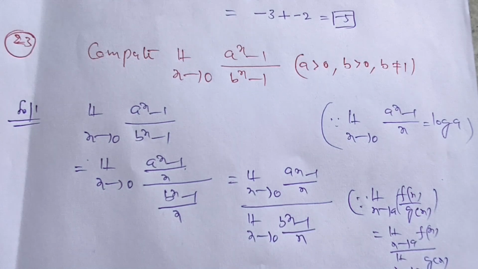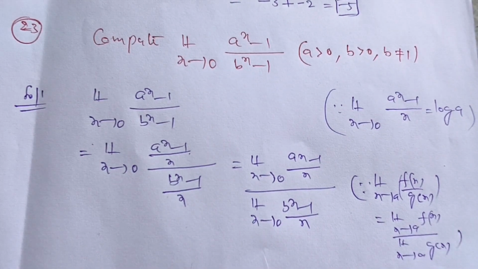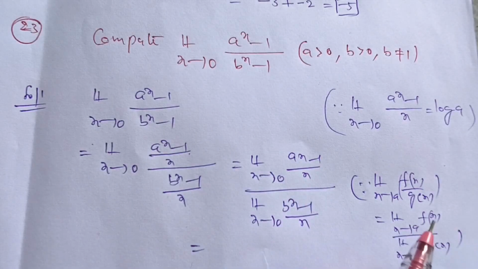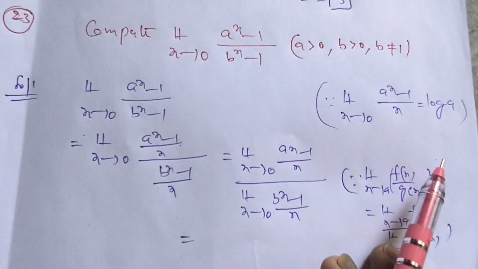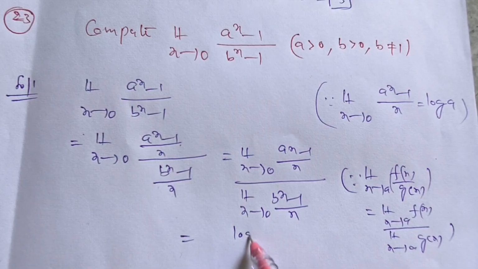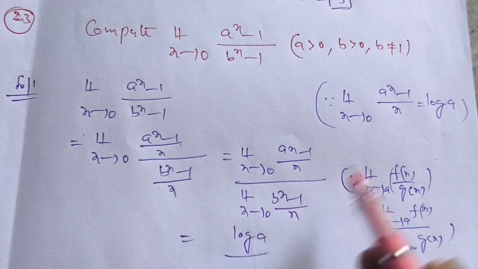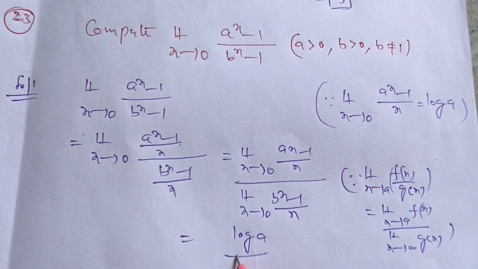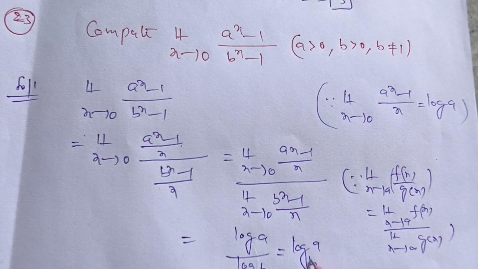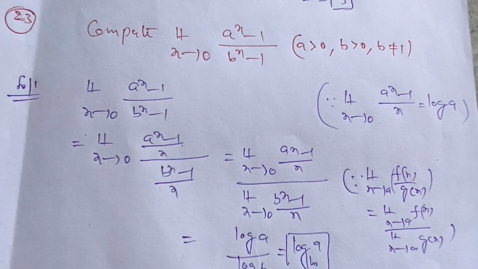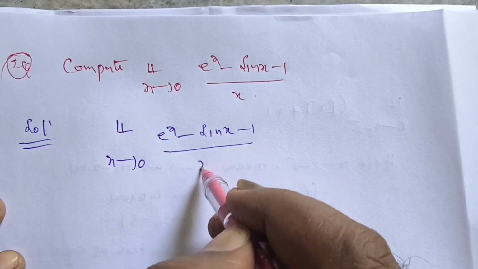The given function is in p by q form, so the limit can be applied for both numerator and denominator. The numerator value matches the identity, so it is equal to log a. The denominator also matches this identity, so it is equal to log b. So the answer is log a by log b, which is log base b of a.